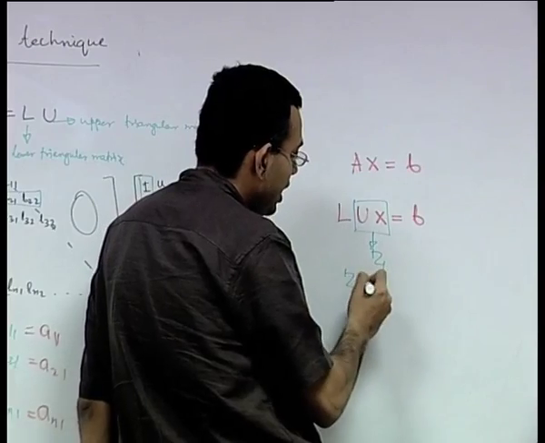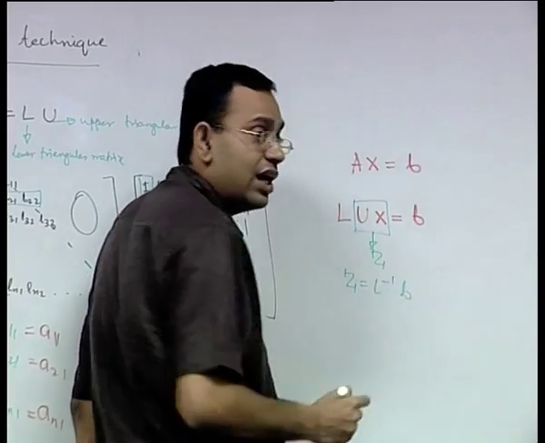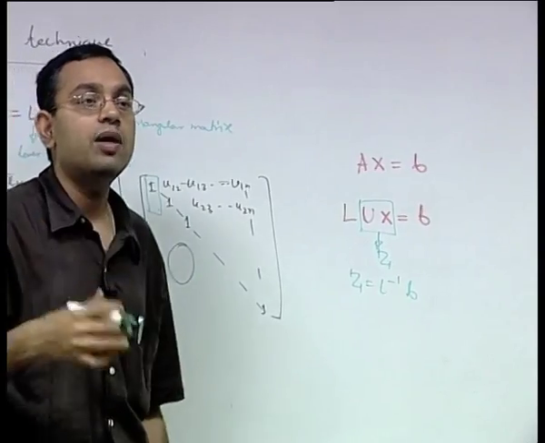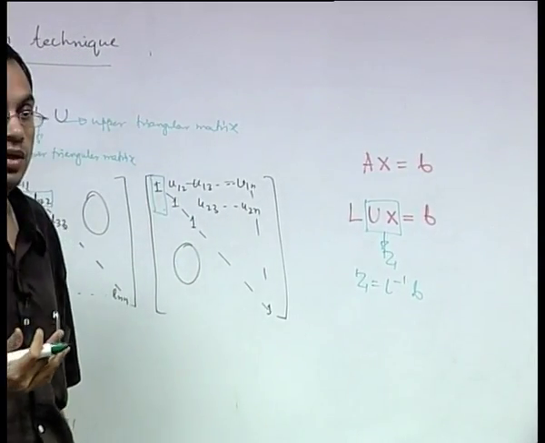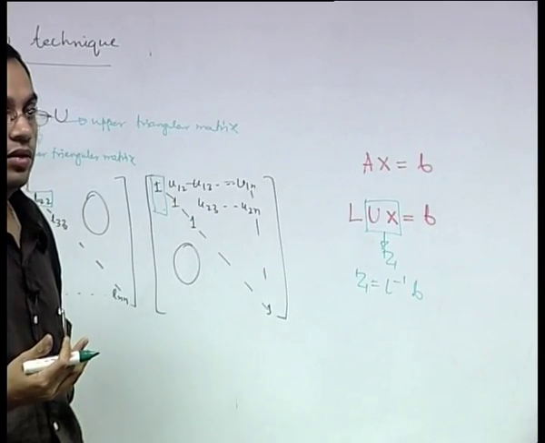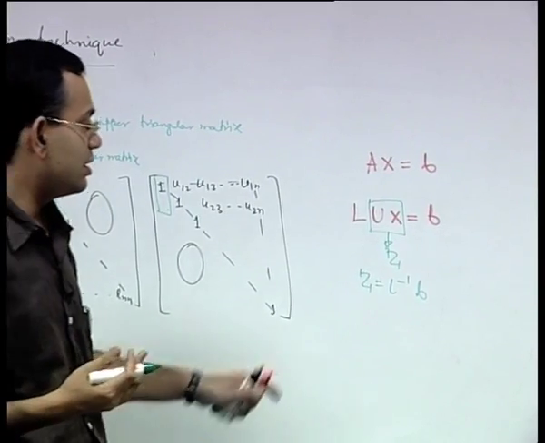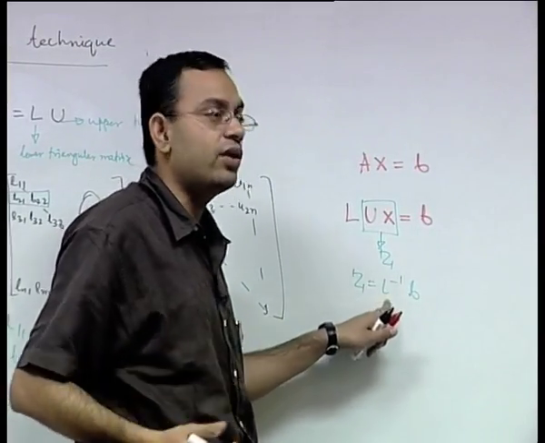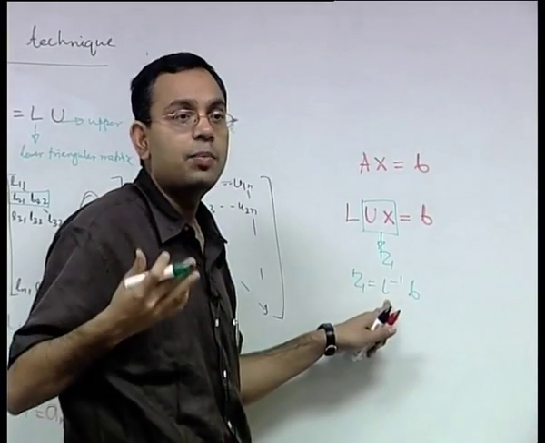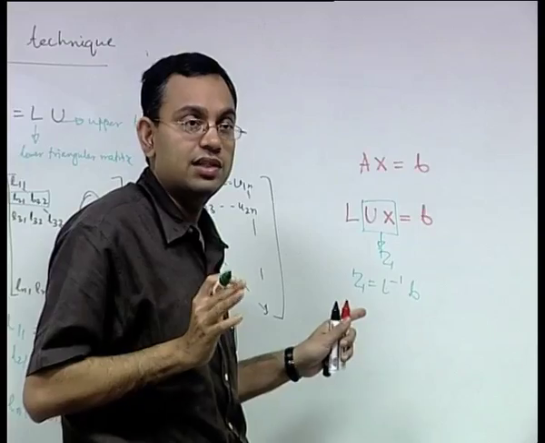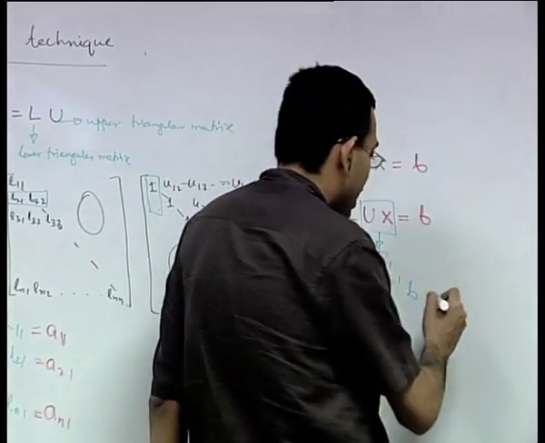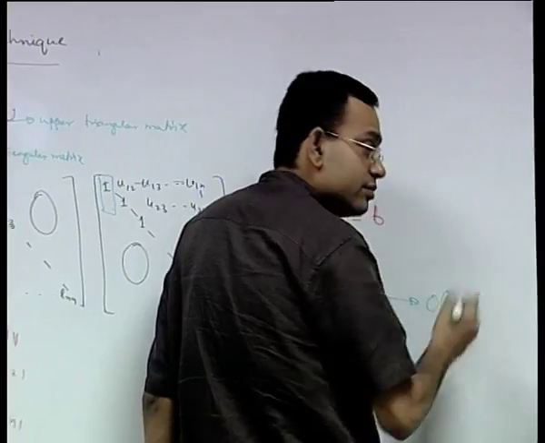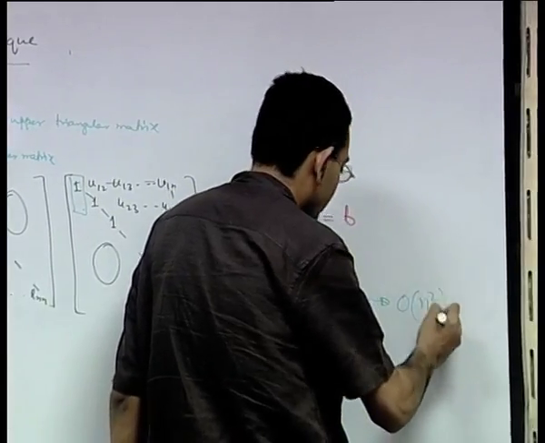So, z is L inverse b, where you can use the same algorithm as that of the backward substitution. It is just not backward substitution, it is like forward substitution, because it is a lower triangular matrix instead of the upper triangular matrix, but it is a triangular matrix. So, its calculation is of the order of n square.